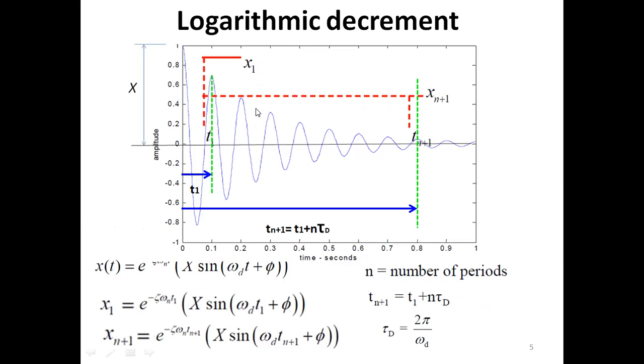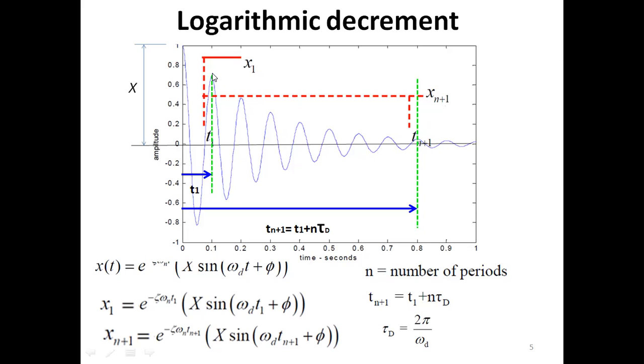And then I have to consider a number of periods or number of cycles. Let's say n. So after n cycles, I'm considering another peak, and this peak is x n plus 1 after n periods.